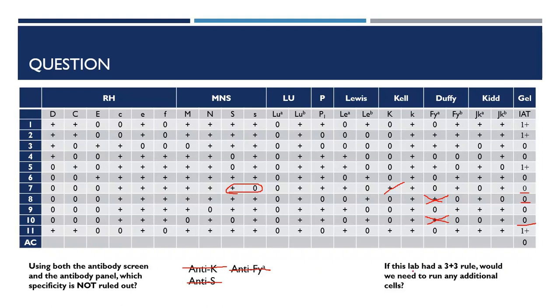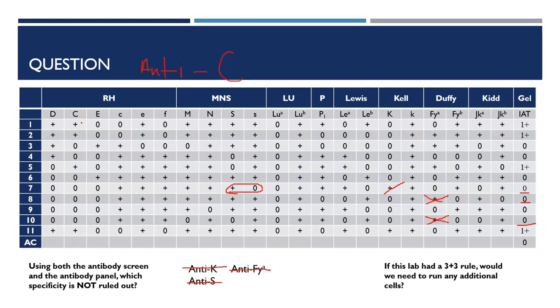Now, another question that we touched on earlier, if this lab had a 3+3 rule, would we need to run any additional cells? Well, we did identify that anti-big C is the causative antibody in this case.